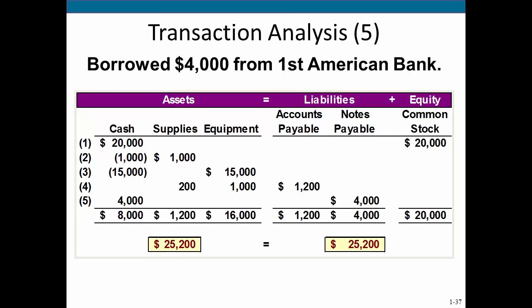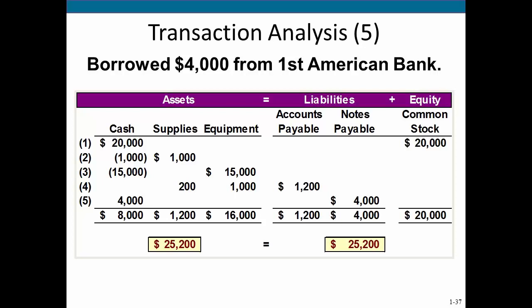The company borrowed $4,000 from the bank. The asset account cash is increased by $4,000 and the liability account notes payable increased by $4,000. The asset side of the equation now has a balance of $25,200.